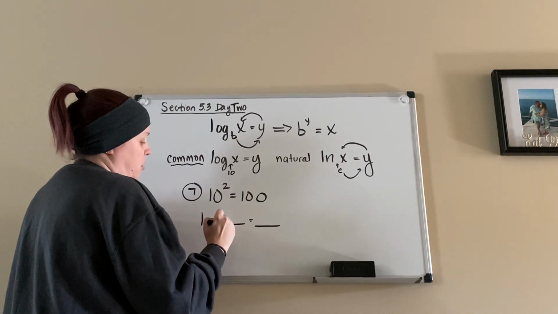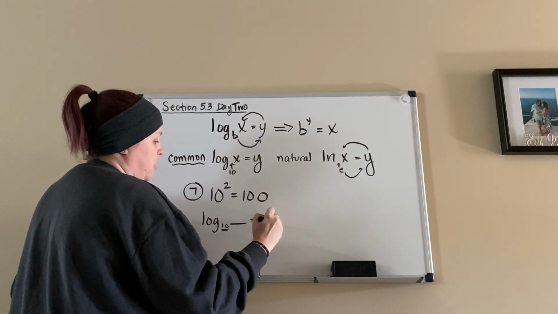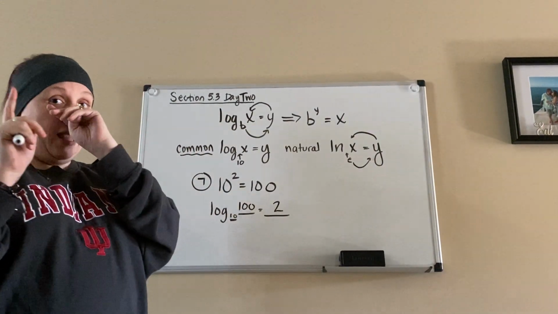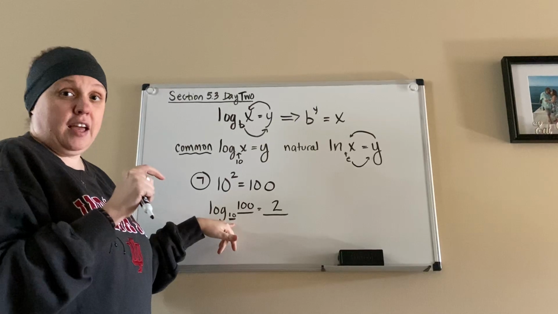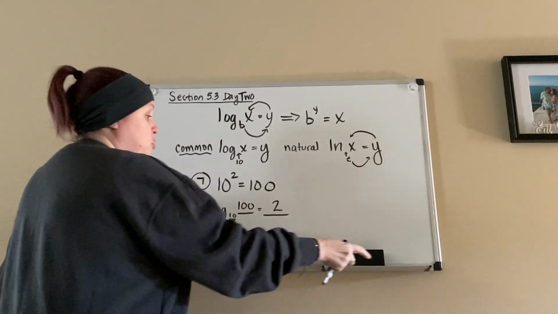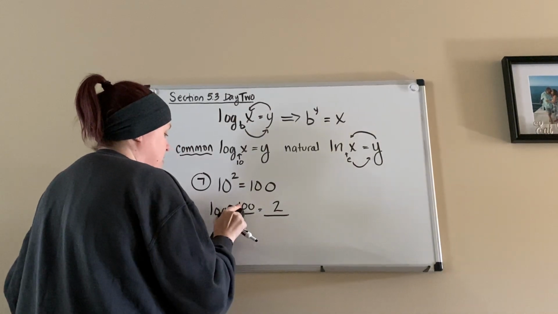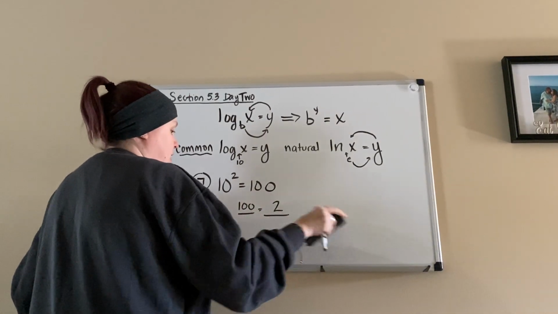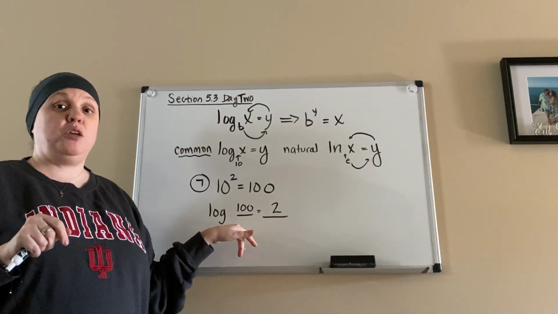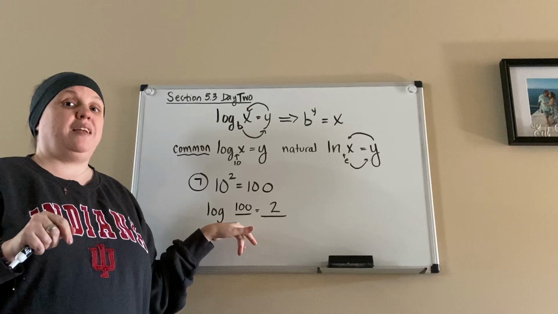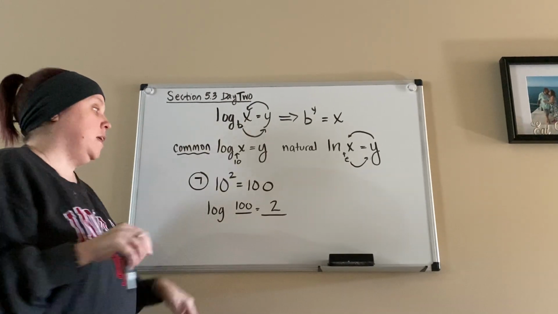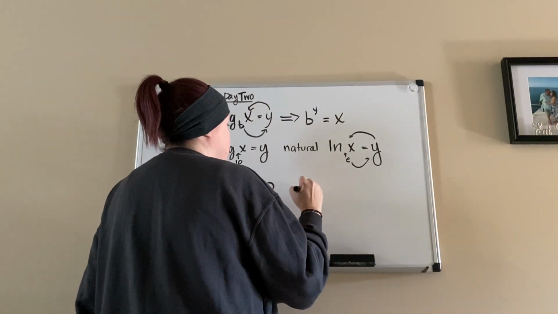This 10 goes down here, 2 goes over here, 100 goes here, but you do not type in the little 10 because the common log has an invisible 10. So you do not write that 10. That 10 is invisible. After you come up with what this is with the invisible 10, you erase it. You do not type it into WebAssign. They'll count you wrong.